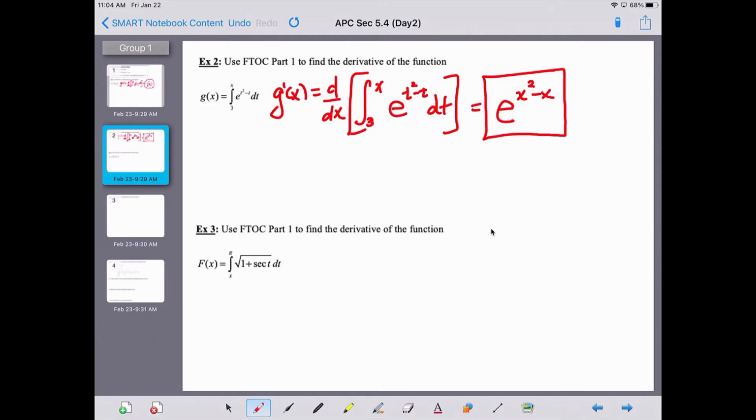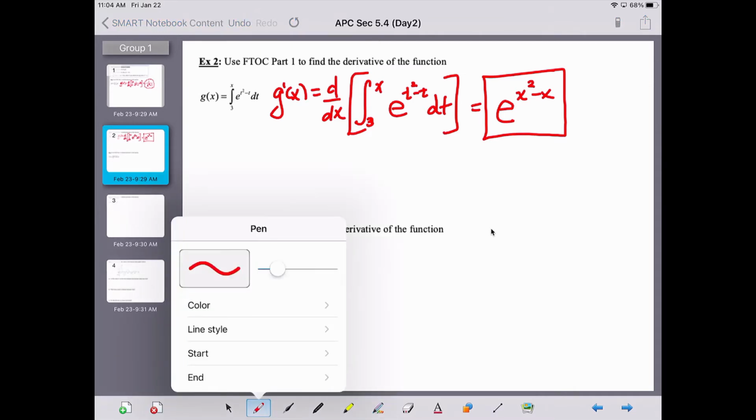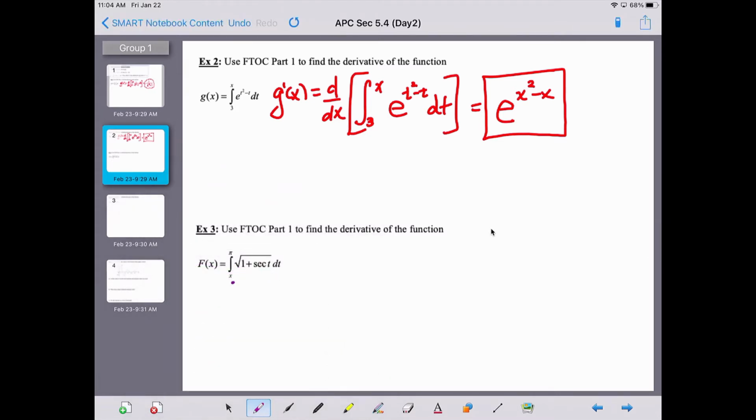Example number 3 has a little bit of a catch to it. Notice that our limits of integration look a little bit different here, right? Notice that we have switched it up, and instead of going from a number to x, now we are going from x to a number.